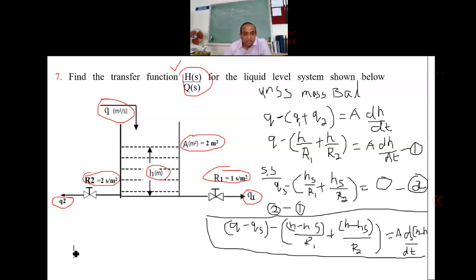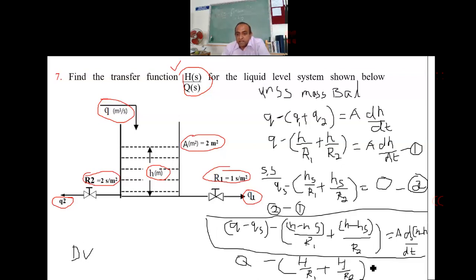Apply deviation variable. So straight away I'll write in terms of deviation variable. Okay, please look. Straight away I'll write in deviation capital. You can just use capital Q minus bracket H by R1 plus H by R2, correct?